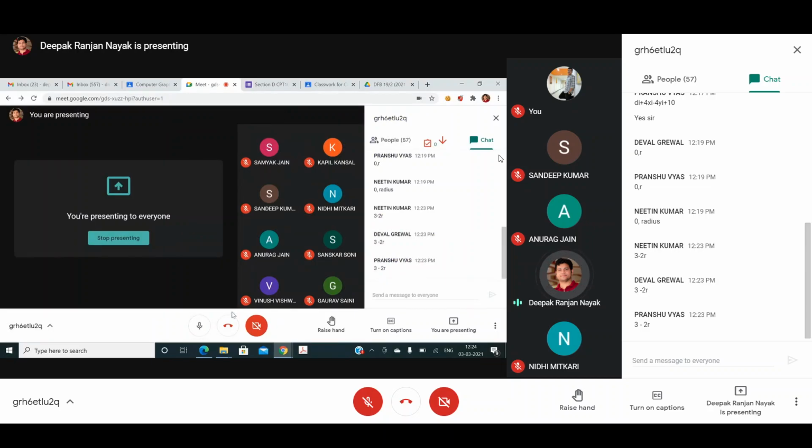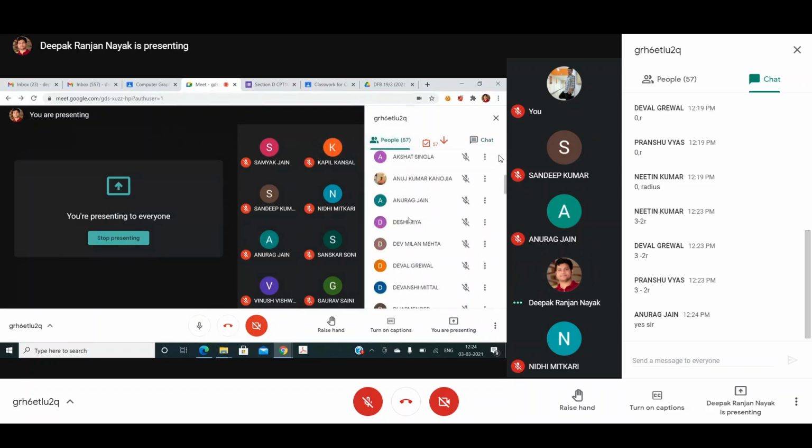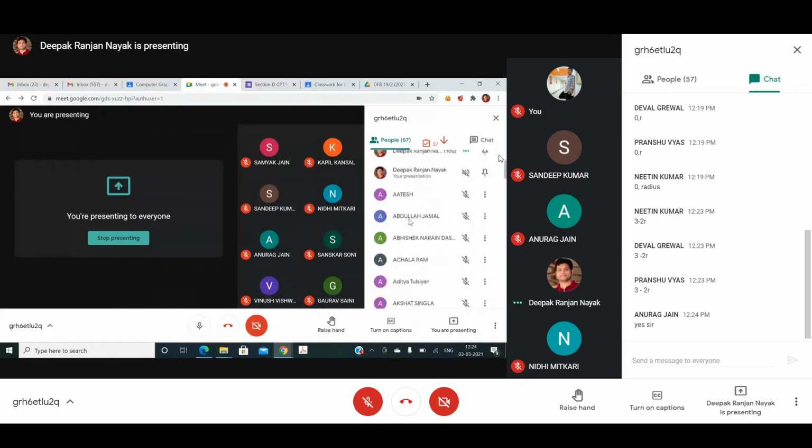Okay, so 3 minus 2r is the answer. I hope you all are getting it. What about others? Only 3 are answering, Nitin, Deval and Pransu. What about others? Anurag, are you there? Are you not getting 3 minus 2r? Anurag Jain. What about girls?